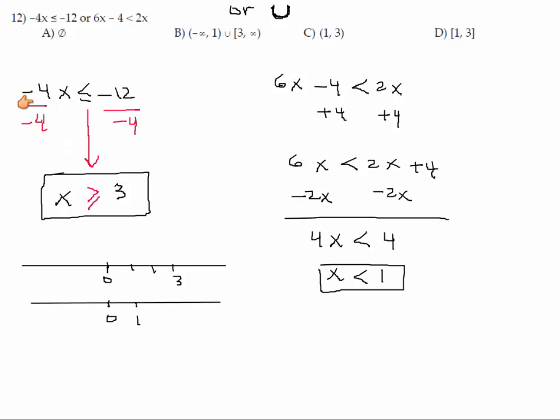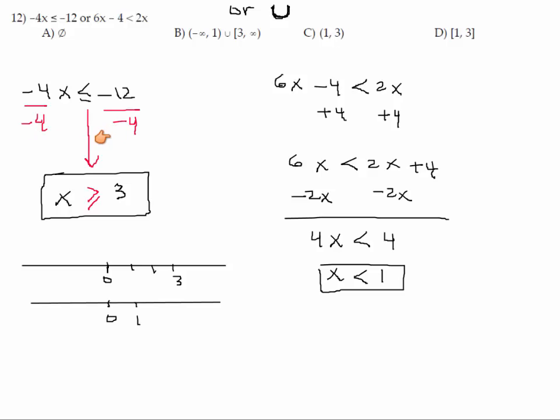Okay, let's start from the beginning to see if I made any mistake. -4x less than or equal to -12. Right? So I divide both sides by -4.